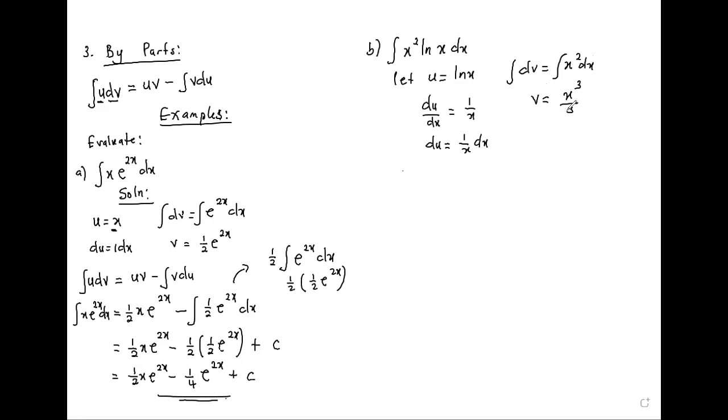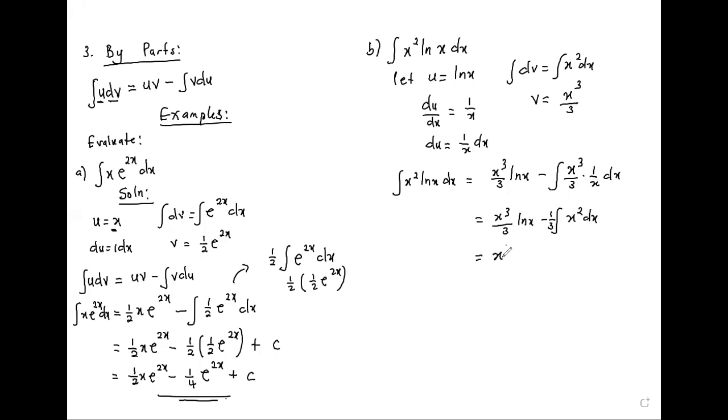Then now you put in the formula. x squared ln x dx is going to be uv, which is x cubed over 3 ln x minus the integral of v, which is x cubed over 3 multiplied by du, which is 1 over x dx. This is going to be x cubed over 3 ln x minus the integral of 1 over 3 x squared dx.